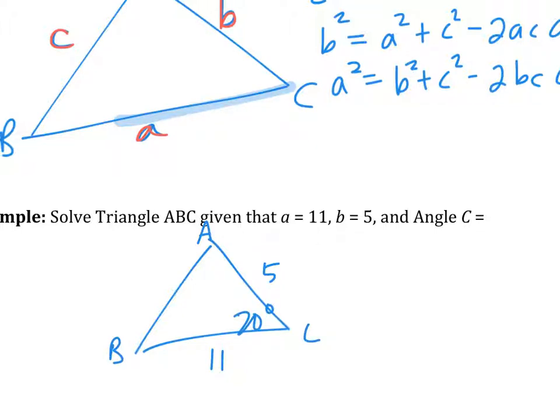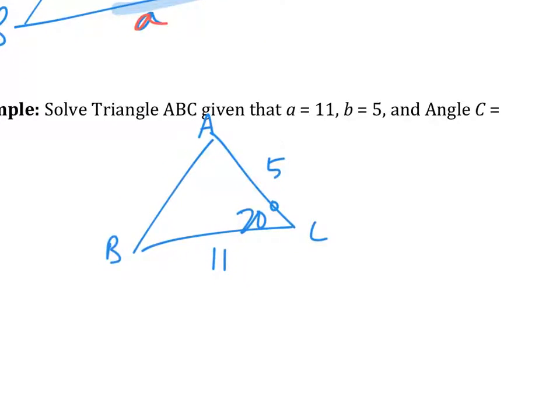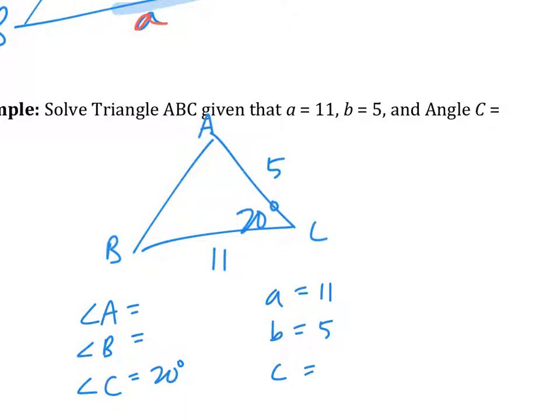Solve the triangle. So we need to figure out everything about this triangle: angle A, angle B, angle C, side A, side B, side C. Angle A don't know, B don't know, C is 20. Side A is 11, side B is 5, C don't know.